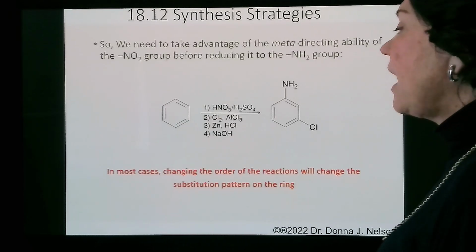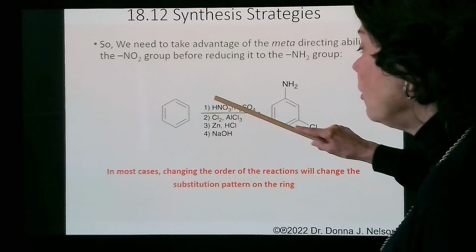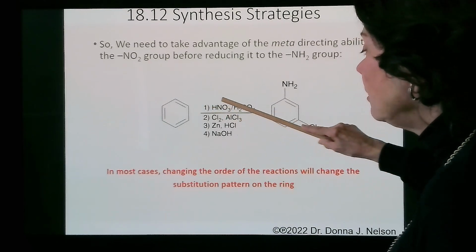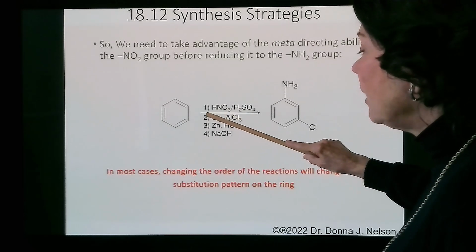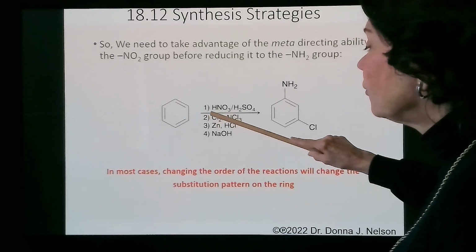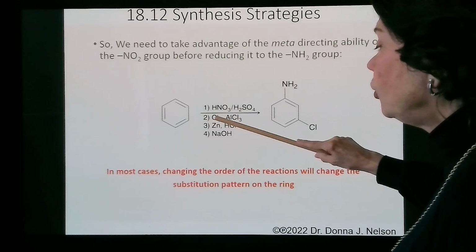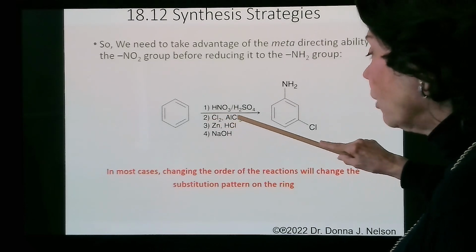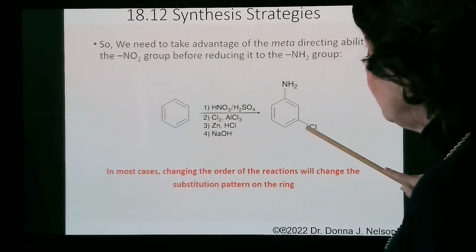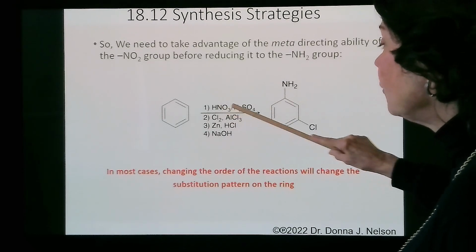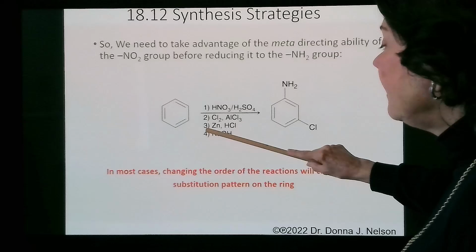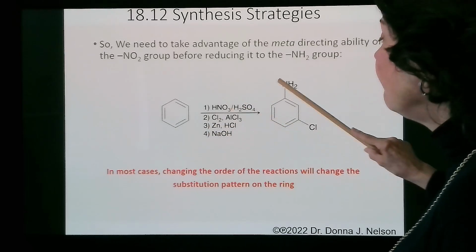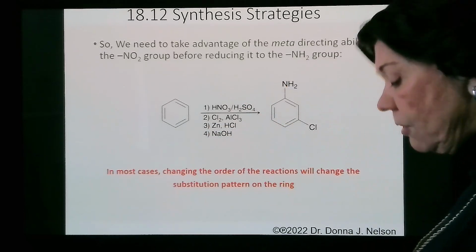So let's see what that overall reaction would be. Remember, this is the nitration in electrophilic aromatic substitution. This is the Friedel-Crafts chlorination that will put this group on. So here, this would put nitro up here. The second step will put chloro here. And then these next two steps will convert the nitro to the amino group.